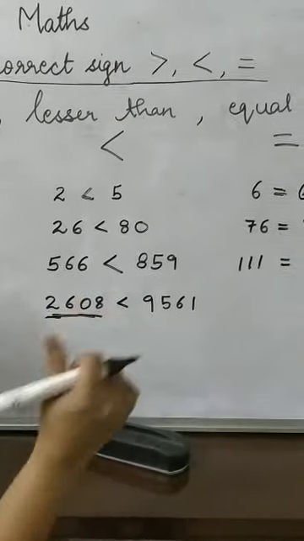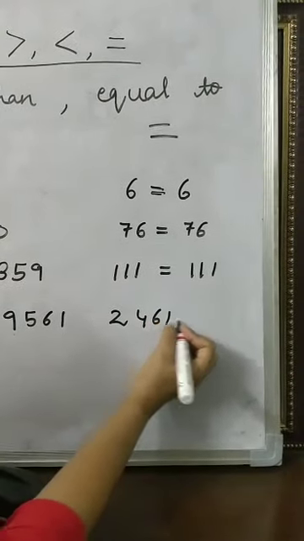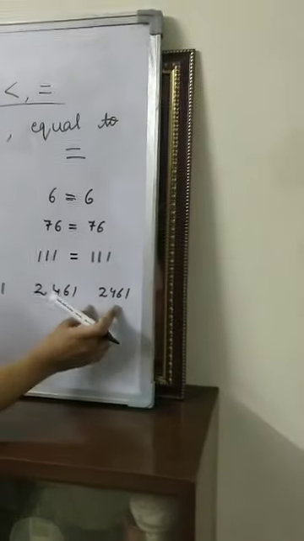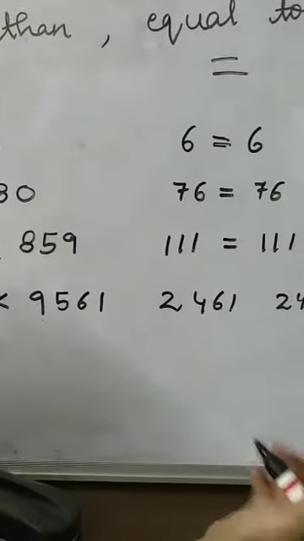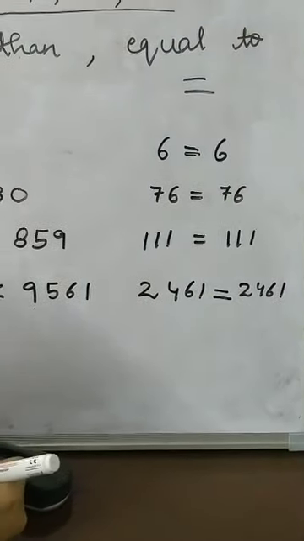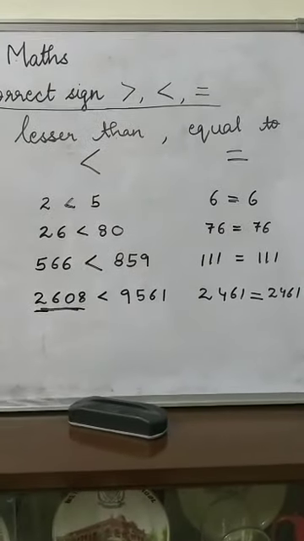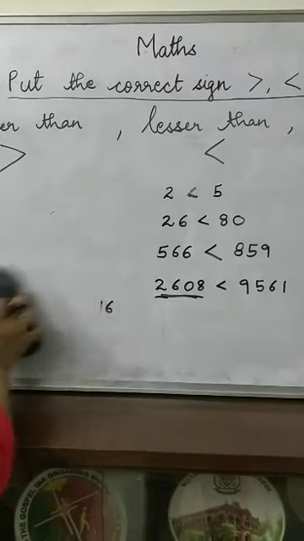Right, boys? Again, if I give you 2,461 and here also 2,461, both these numbers having 4 digits, are they equal or not? Is there any difference? No. These numbers are equal. So this shows an equal to example.